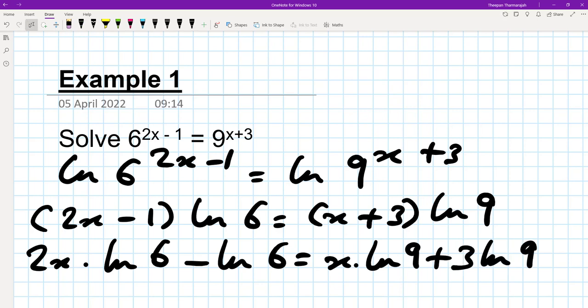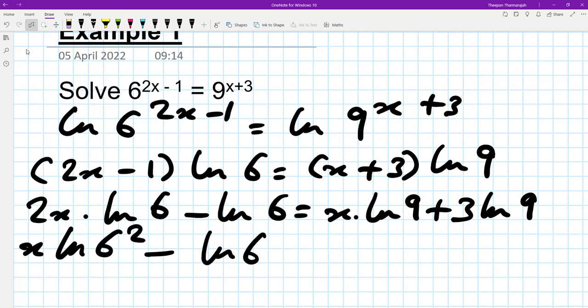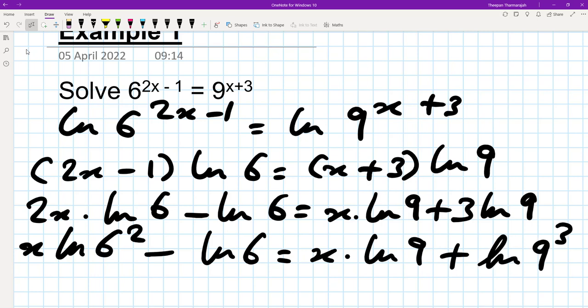So what we need to do now is say we can raise this to x ln 6 squared. And now what we can do is say minus ln 6 equals x ln 9 plus ln 9 cubed.